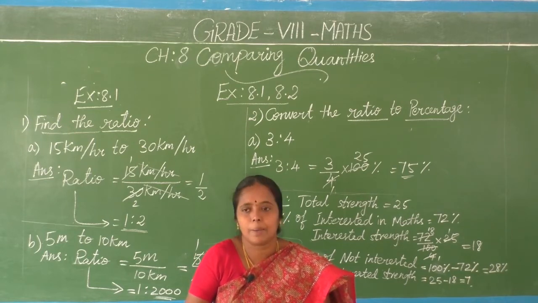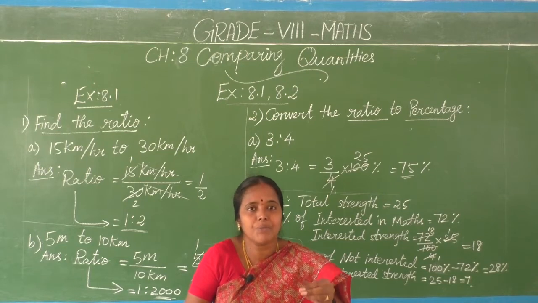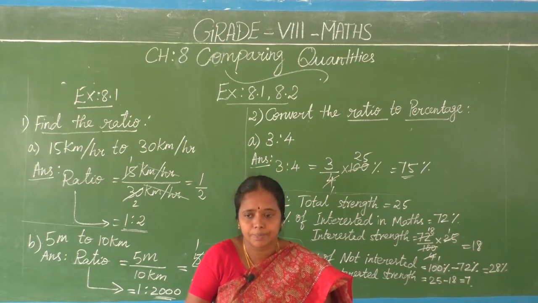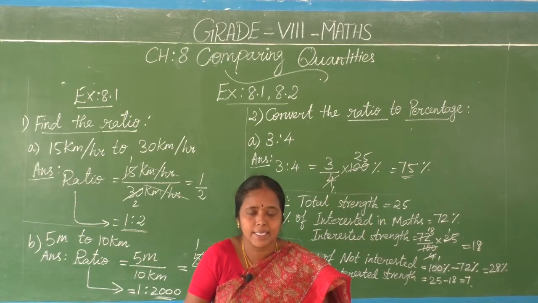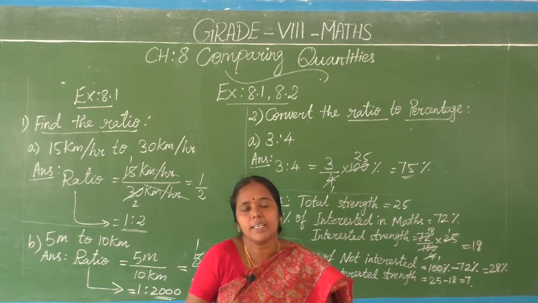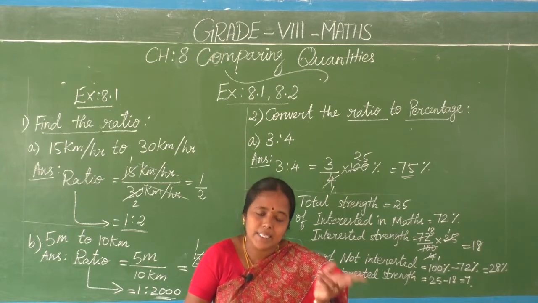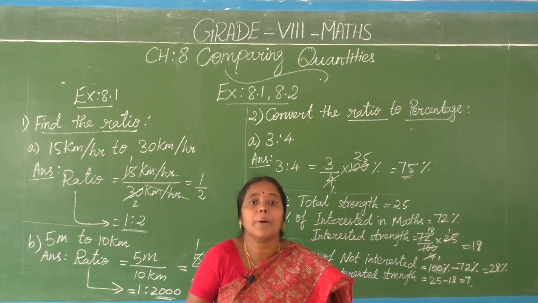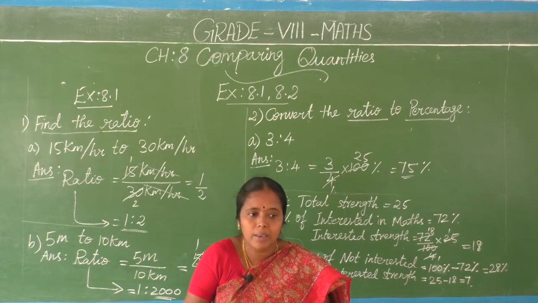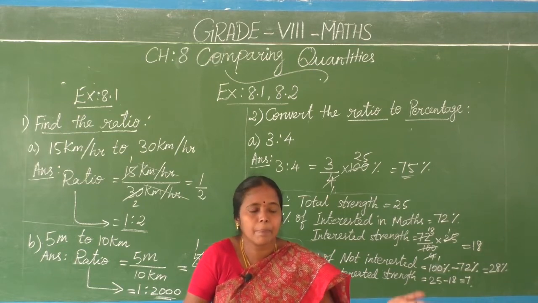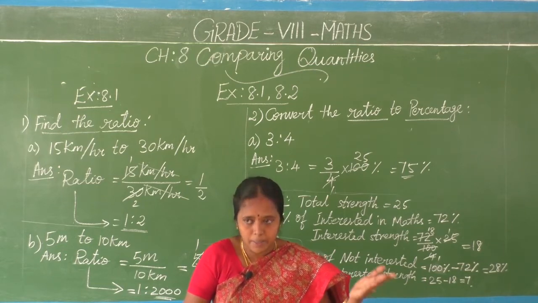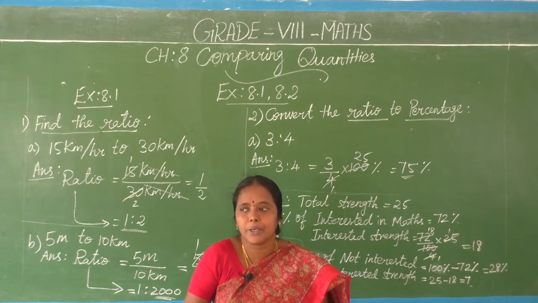Here we know what is the difference between the two things. Accurately we can find the answer. But in the second method, comparison by division, we can compare, but we can't get the difference accurately.